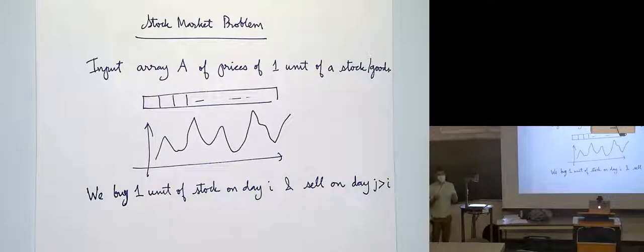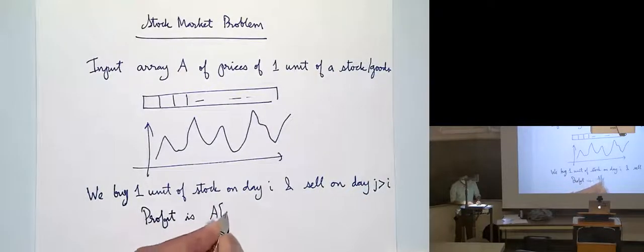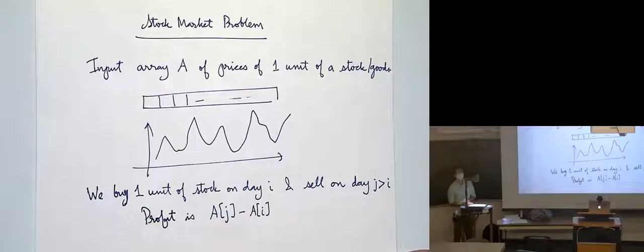This is called shorting a stock. But you're not allowed to short stock in this problem. Okay? So you buy 1 unit of stock on day i, and you sell on day j. The profit is A of j minus A of i.